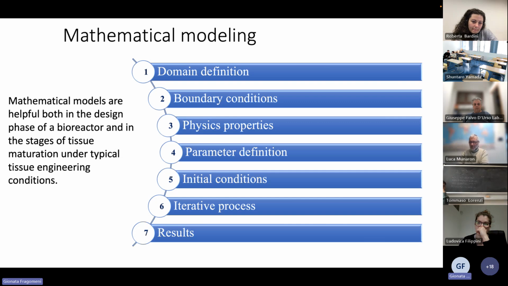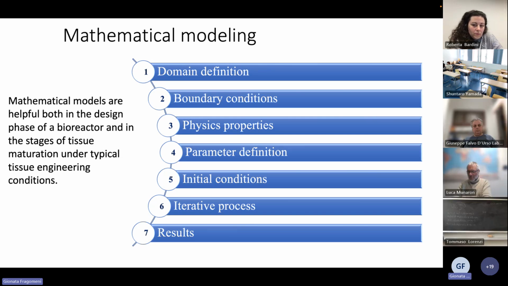We model these bioreactors mathematically, and the mathematical models are very helpful both in the design phase of the bioreactor and in the stage of tissue maturation, typical in tissue engineering conditions. These are the phases that we follow.